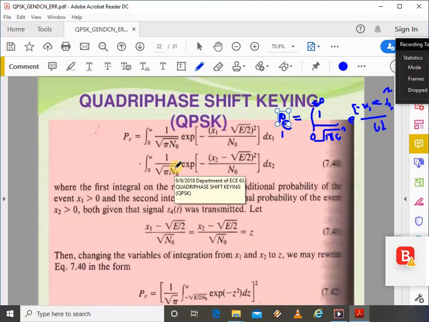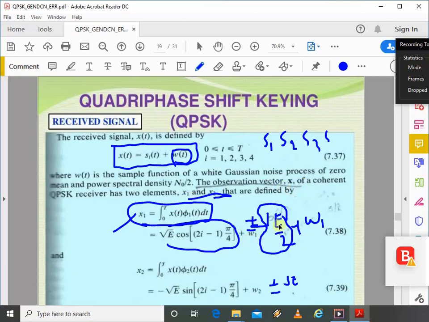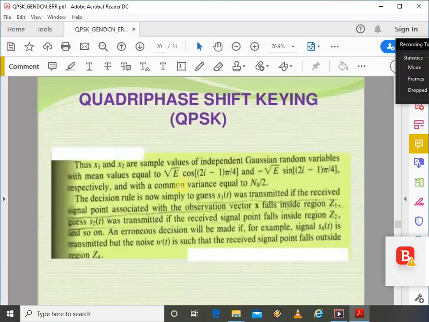So here what I am going to assume is that the elements of the signal vector x have mean value equal to either plus or minus square root of E by 2, and the variance of this particular signal will be N0 by 2, because here we are assuming that the mean value of the signal or the random variable x1 and x2 will change because of the presence of the white Gaussian noise, and therefore the mean value of this random signal x1 and x2 will become plus or minus square root of E by 2, with, we can say, a power spectral density equal to N0 by 2.